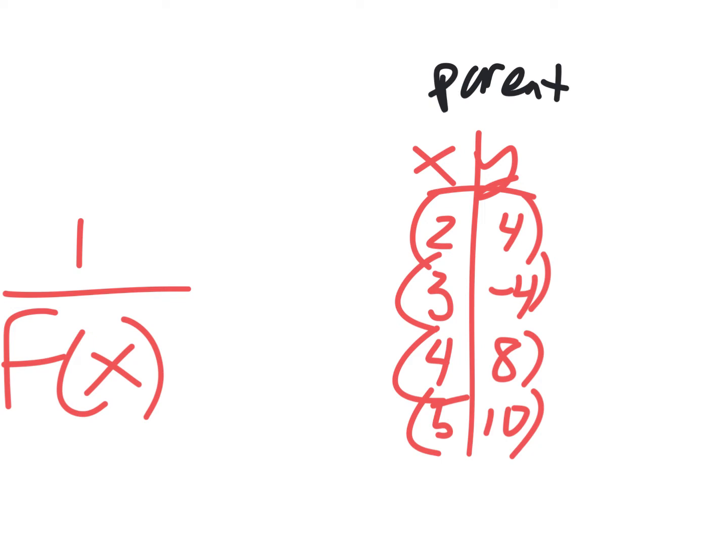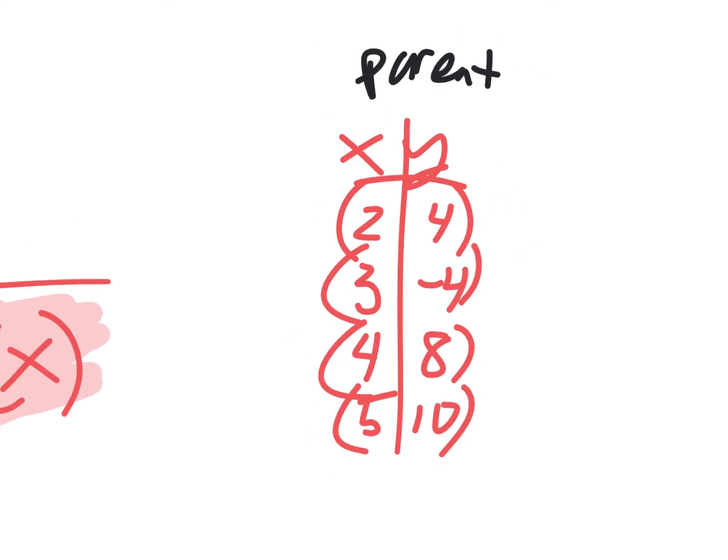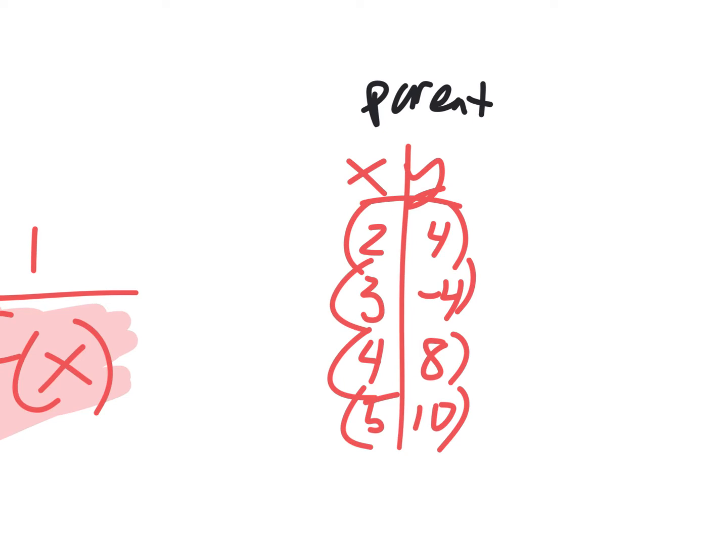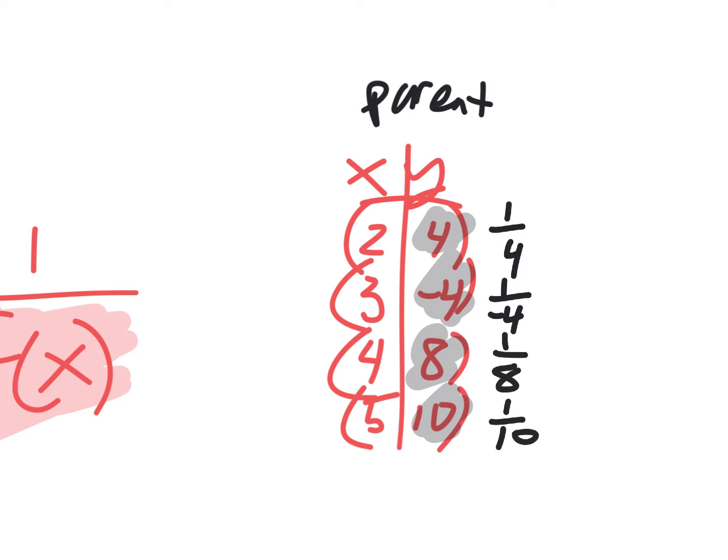pausing for a second. I'll bet you some of you were able to go, well, f of x actually means y. So I'm going to take all the y values and make them 1 over that. So instead of 4, -4, 8, and 10, I'm going to make it 1/4, 1 over -4, or -1/4, 1 over 8 and 1 over 10.